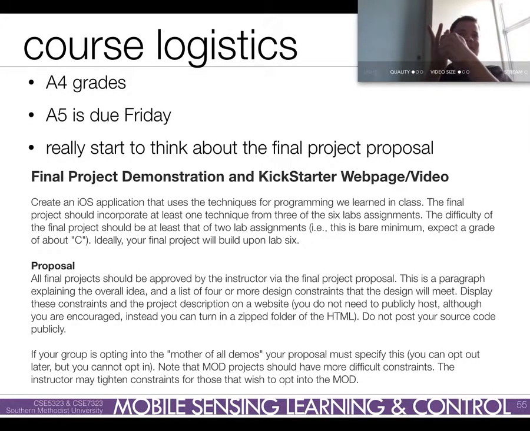Then you've used 3 things. If you make it at least as difficult as 2 lab assignments and incorporate all those things, that will get you a C on the final project. If you go above and beyond that, that's where we start to move up. That is the bare minimum, though. Does that make sense?